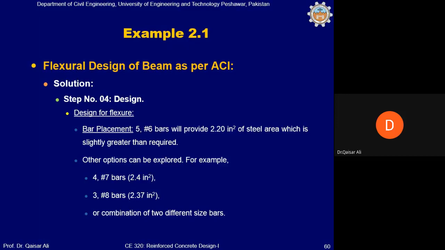Tell me how many bars are required in the case of number 4 bar. Number of bars is equal to area of steel, which is 1.95, divided by area of 1 bar.